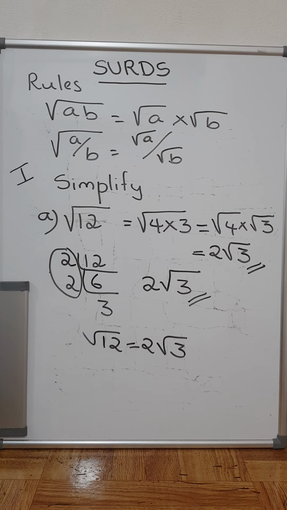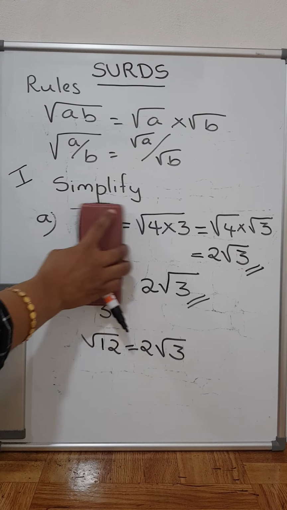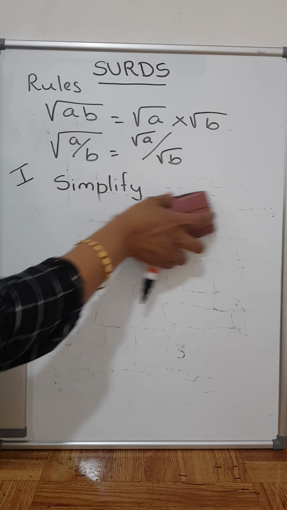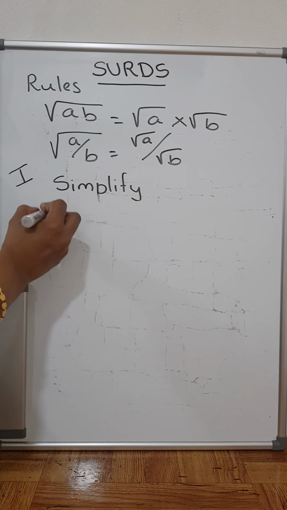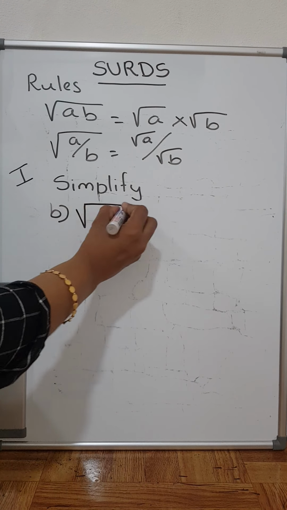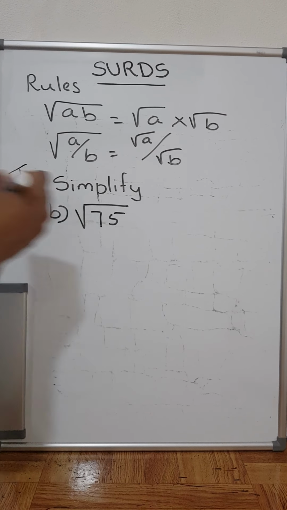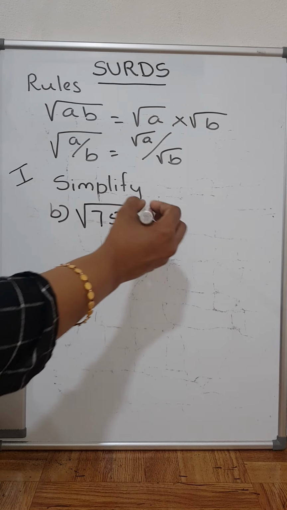Now you see, we will try another example. Square root of 75. We have to simplify. So we have to find a factor of 75, that's a perfect square.